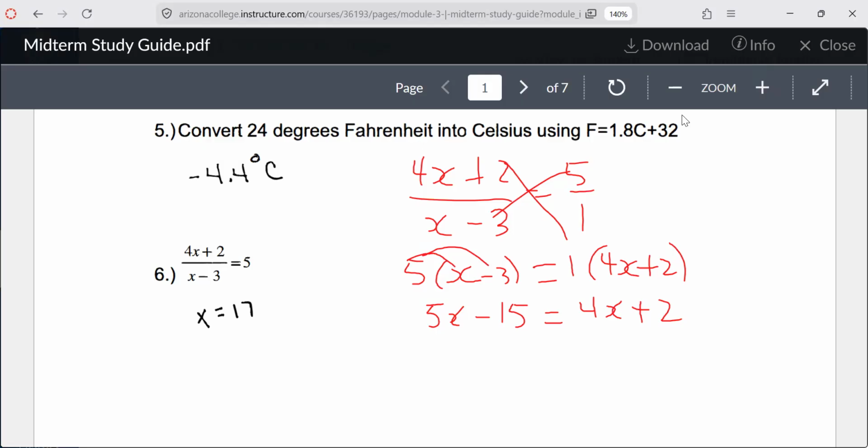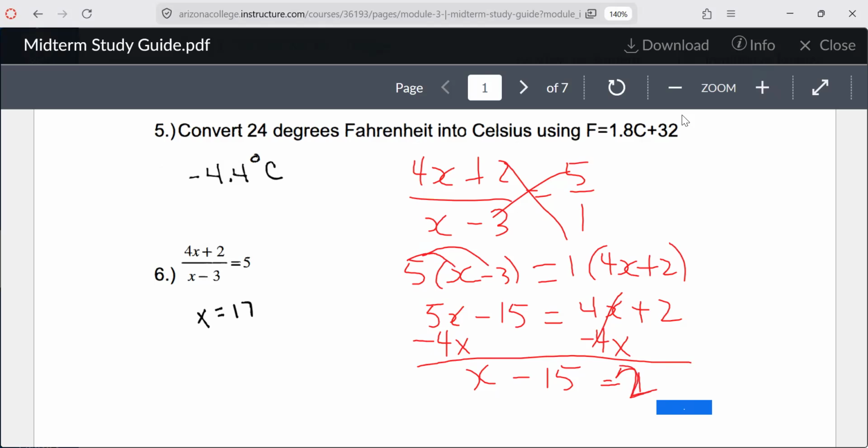So now I've got to bring all the x's together and all the numbers together. I'm going to move the 4x. It's positive, so I'm going to subtract 4x on both sides. This will go to 0. 5x minus 4x gives me positive x, minus the 15, equals 2.